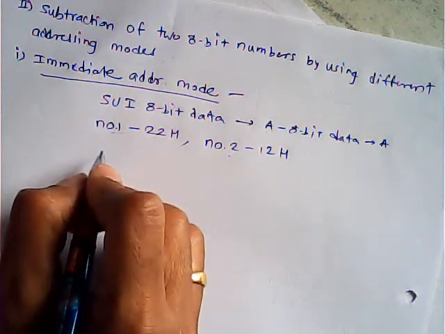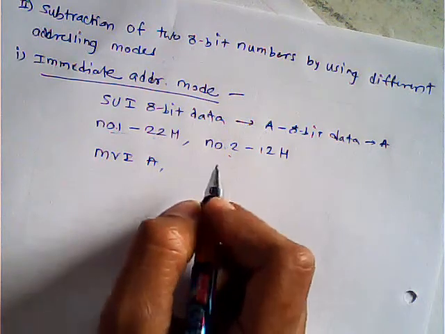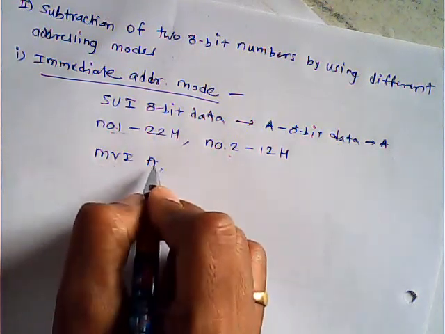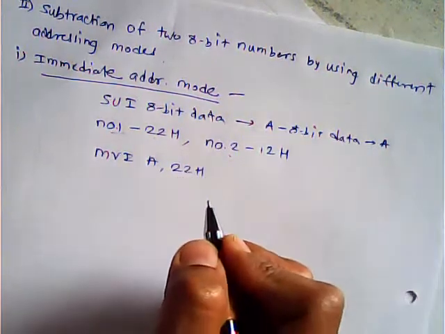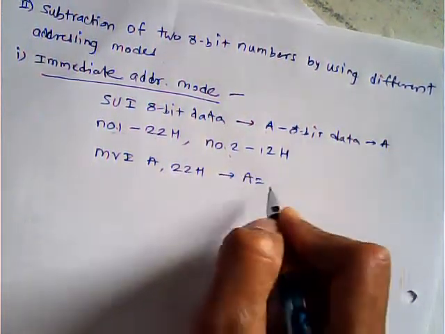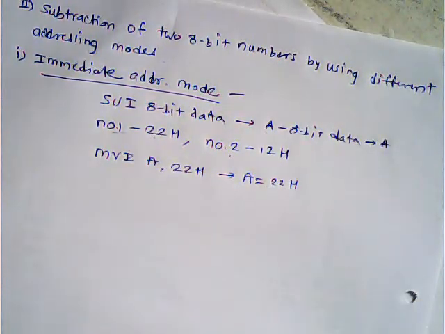So the first instruction is MVI A, move immediate 8-bit data in accumulator. MVI A 22x. After the execution, in the accumulator you will find 22x.